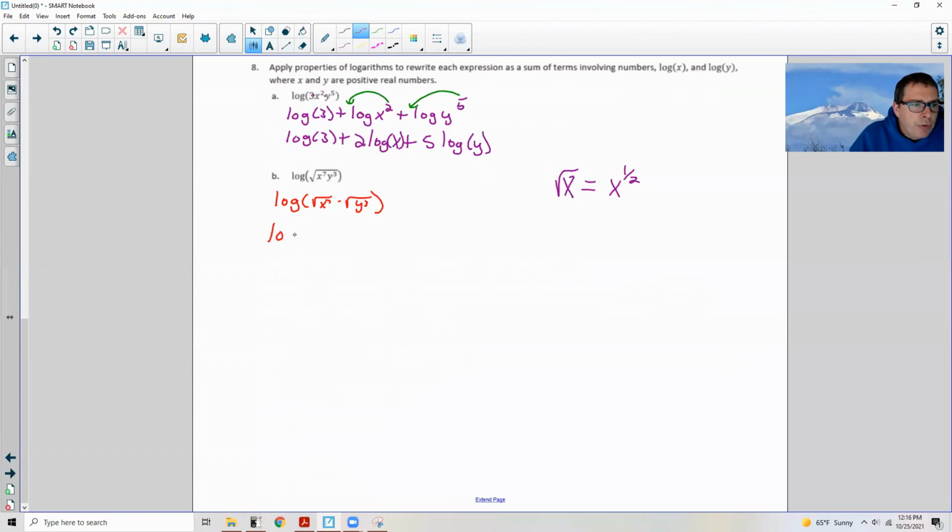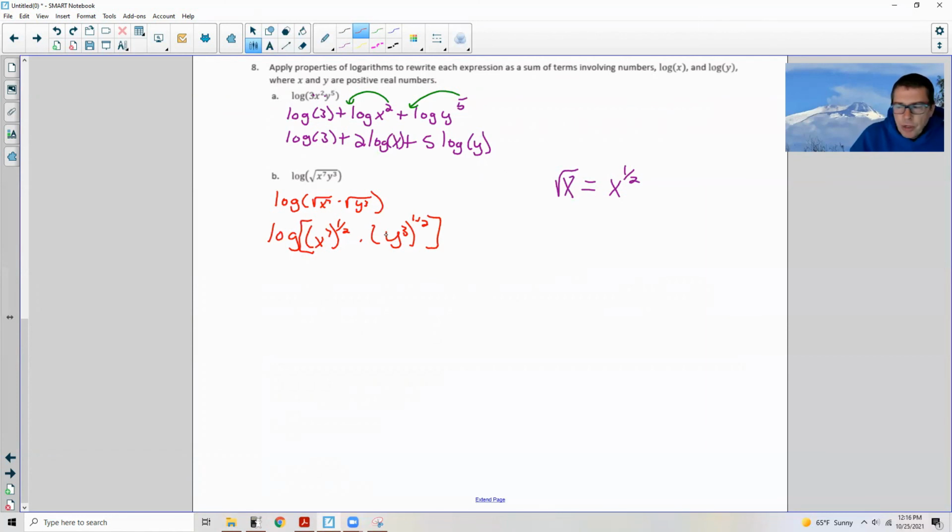And then we're going to take the log, and what does the square root of x mean? It means x to the 1/2. So this is going to be x to the 7 to the 1/2 times, I should have a bracket here or something. And this is going to be y cubed to the 1/2. Okay.